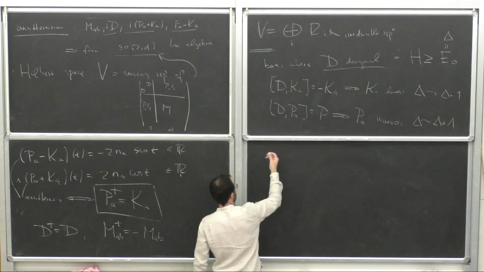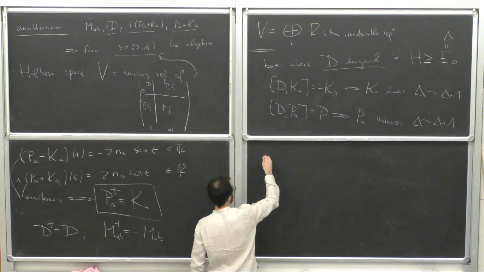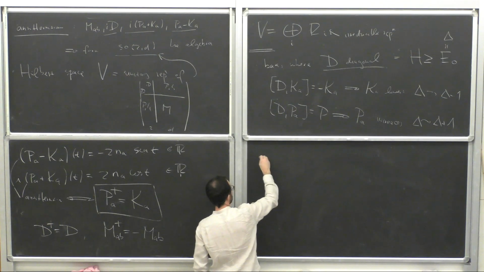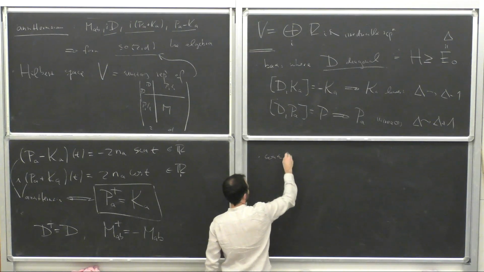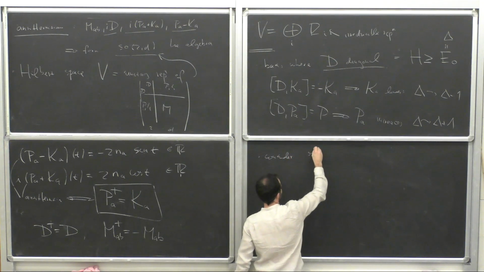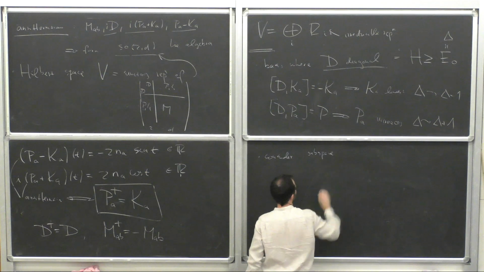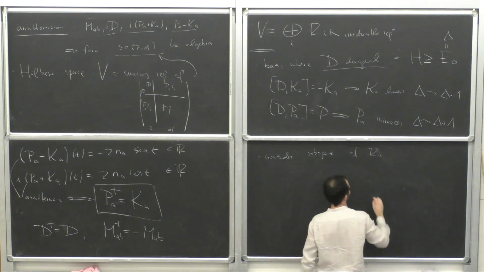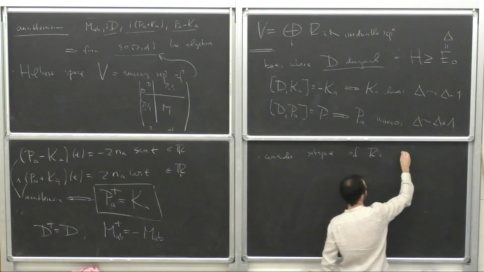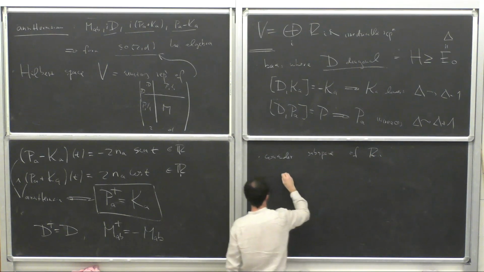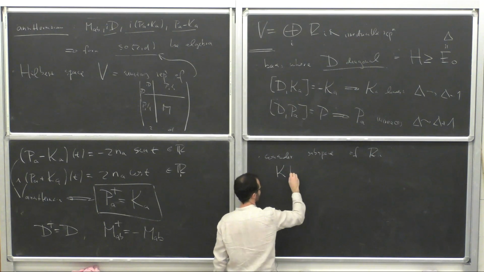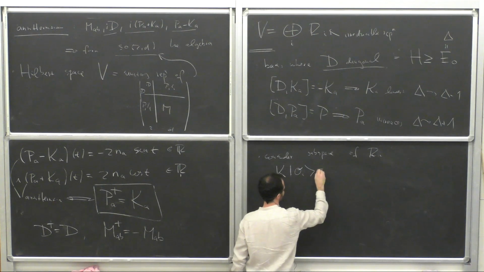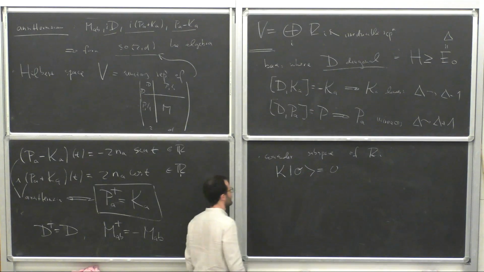So if you're in an irreducible representation, let's consider the subspace of this irreducible representation which is annihilated by K. So we have some, let's just write it like that.